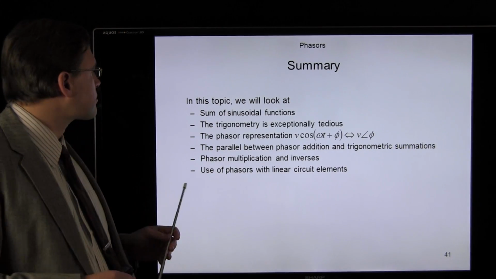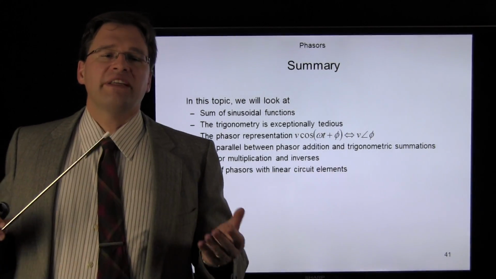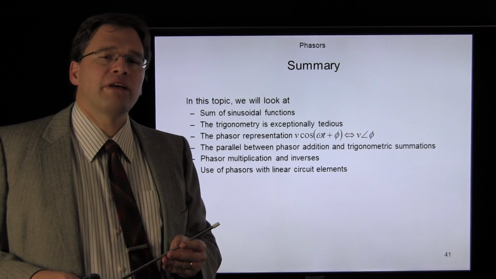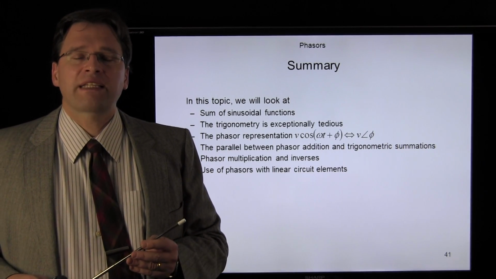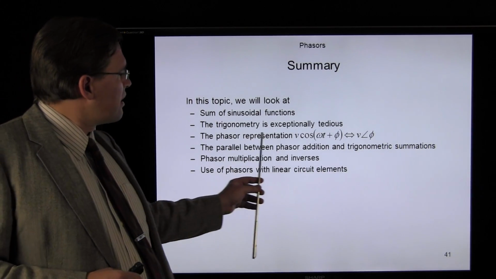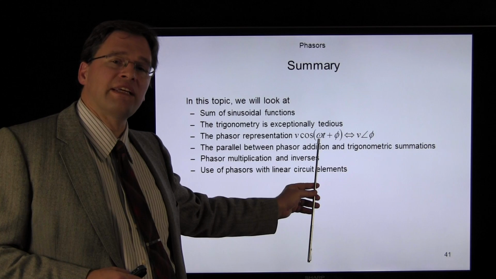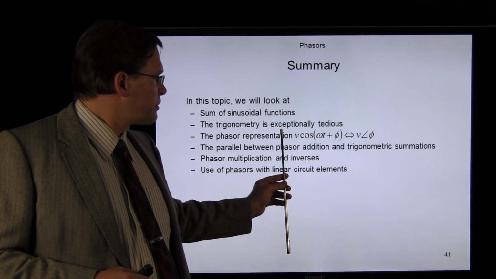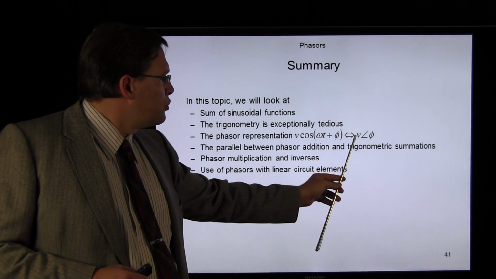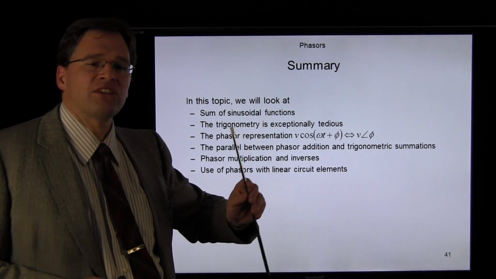So in summary, we've discussed sums of sinusoidal functions. We've seen how the trigonometry is exceptionally annoying, and we saw that instead we can associate every single sinusoid, as long as the frequency remains the same, with a phasor V phase phi, where V is the amplitude and phi is the phase shift.